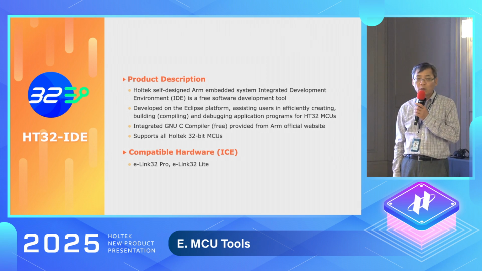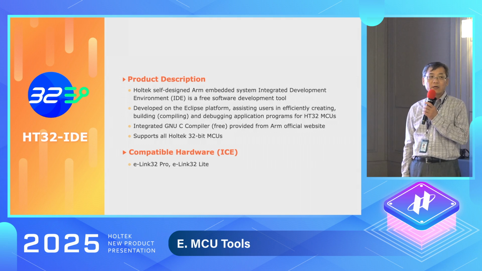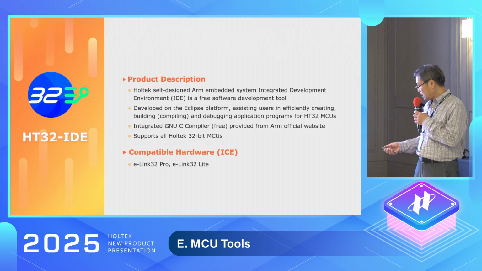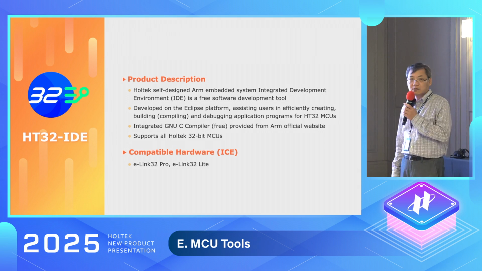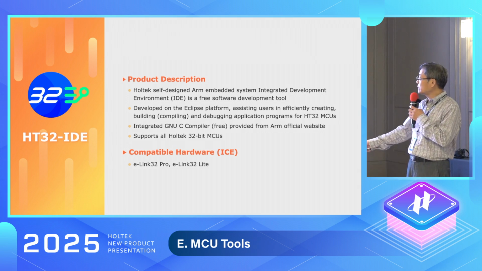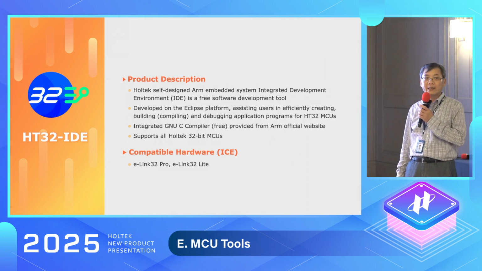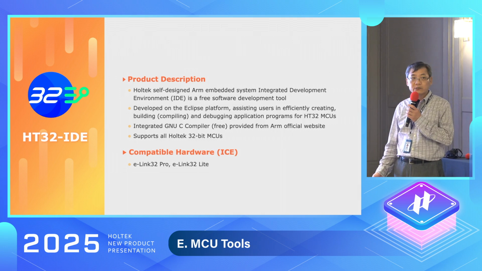The most important thing is we offer it free of charge to all our customers. To go with the software, you will see we have eLink32 Pro and eLink32 Lite. Later, I will also introduce them.